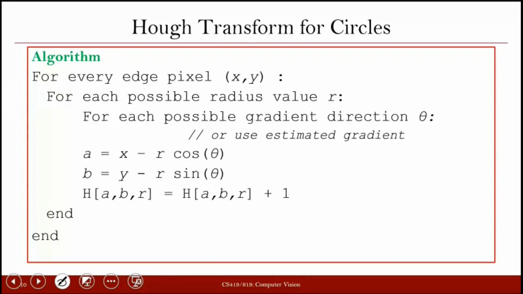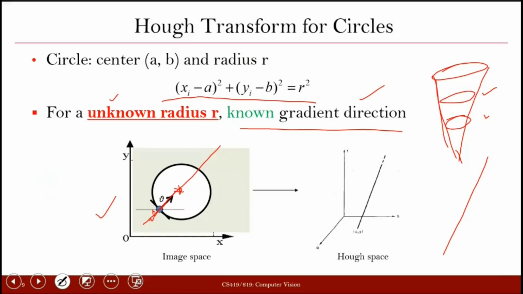So let us summarize the algorithm for detecting a circle in the image space using the Hough transform. For this we are assuming that our coordinate system is like this, as we explained here: x-axis is this side, y-axis is this side.